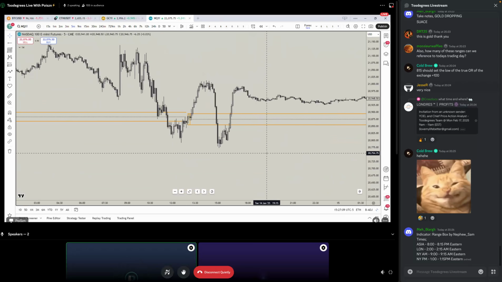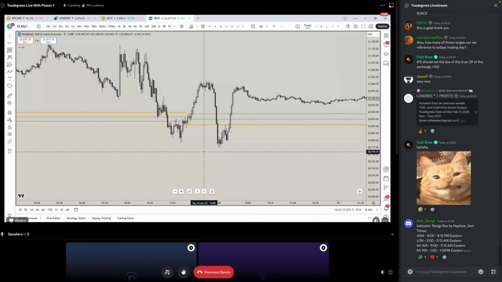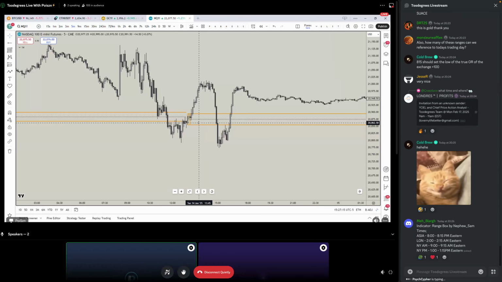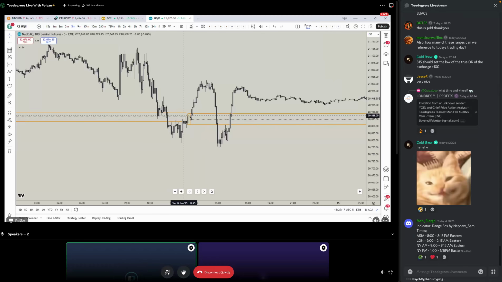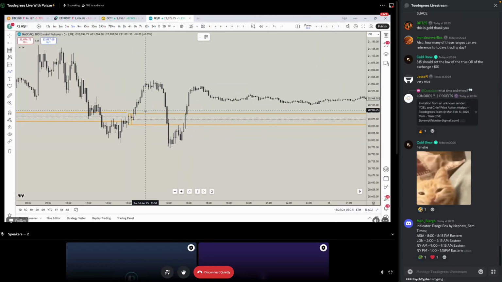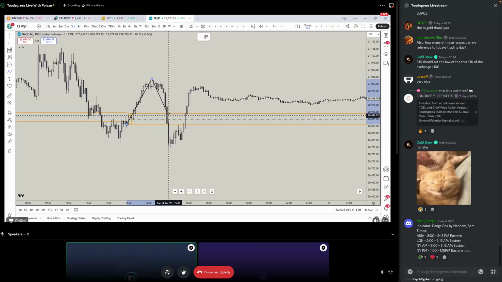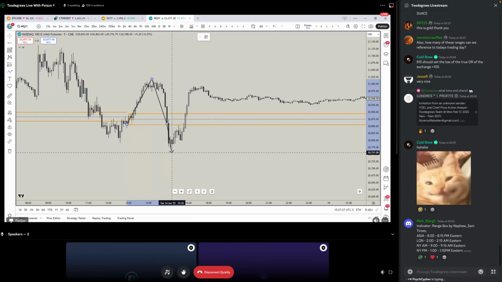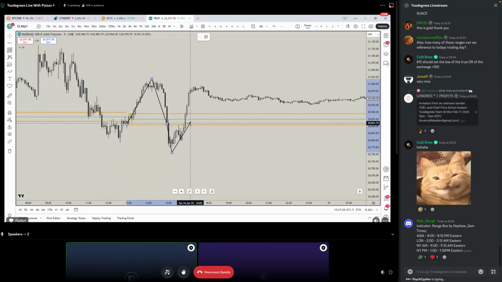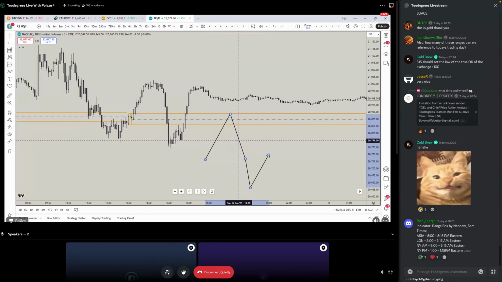And all you are doing is looking for ranges to be created and range efficiency to take place. We open up, we run one-sided, we come back, we rebalance, we head lower, one-sided, imbalanced, we come back, all is good. This is your fractal.